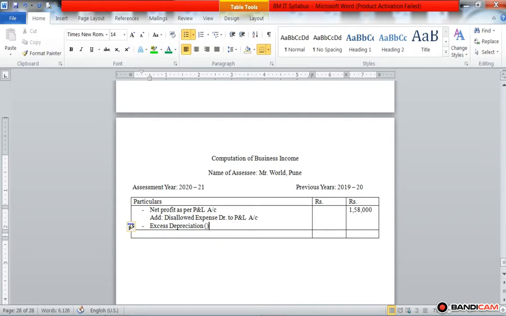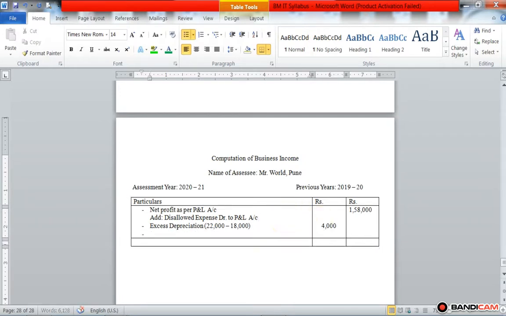How do we calculate? That is 22,000 minus 18,000, so excess depreciation is equal to 4,000. 4,000 excess depreciation is charged on the debit side of profit and loss account.